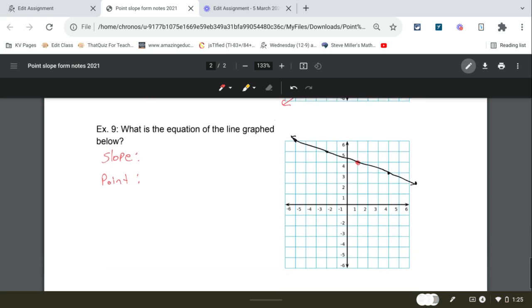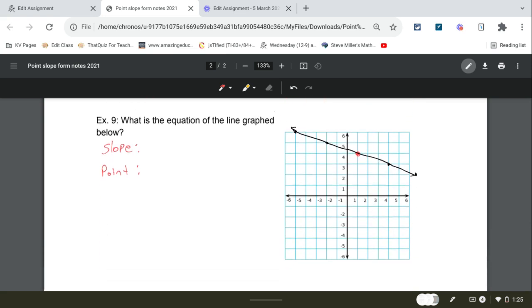Okay, what is the equation of the line graphed below? So I guess you could try to guess what that y-intercept is there, but it's somewhere between 4 and 5, so I think that's why we're doing this one in point slope form. The point that it passes through, well, there's several points it looks like, but we'll base our answer off this red one.